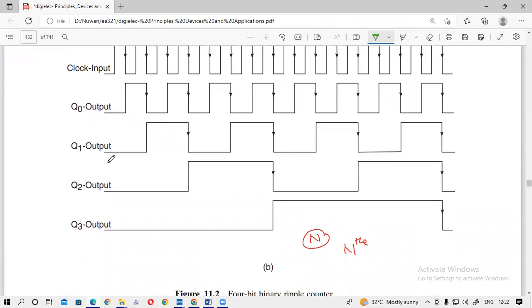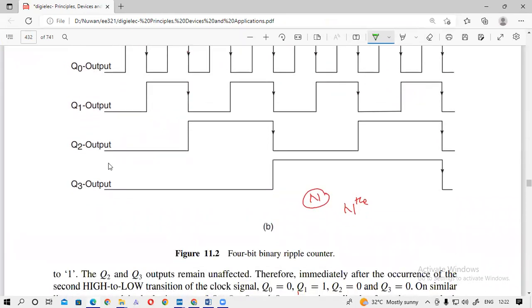So I already told you that the worst case happens at the 4th input. Okay, worst case happens at the final output, the final flip-flop. So if there are n flip-flops, the worst case happens at the nth flip-flop, no?